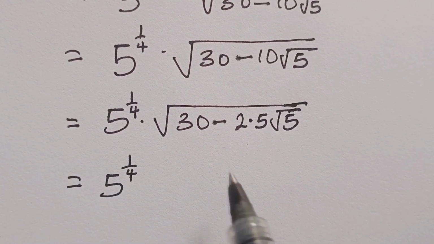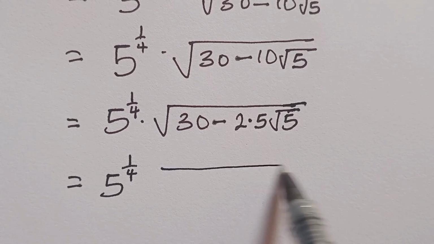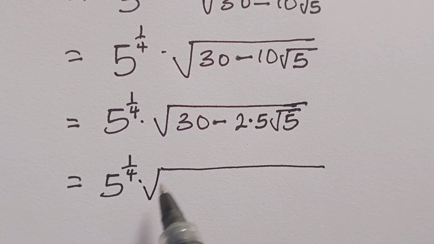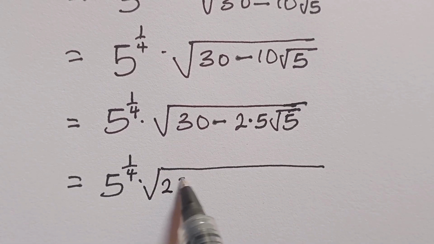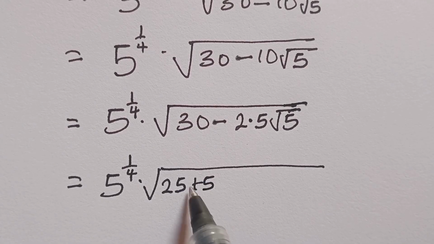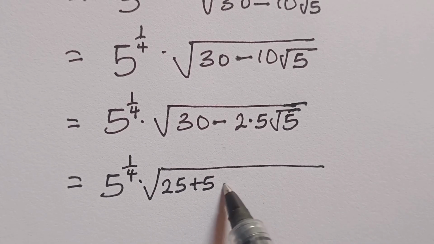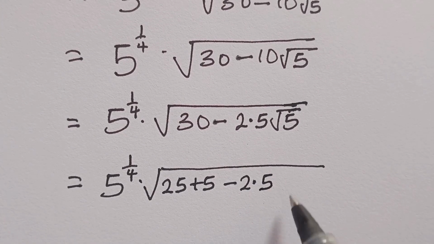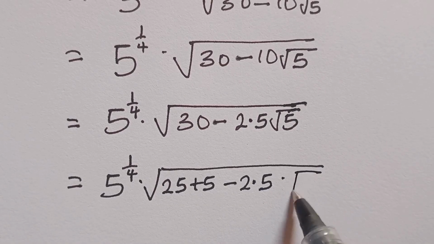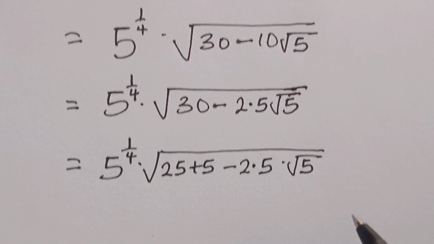Now, after this, I have 5 raised to power 1 over 4, multiplied by square root of 25 plus 5. Don't forget, 25 plus 5 simply means 30, minus 2 times 5 multiplied by square root of 5.